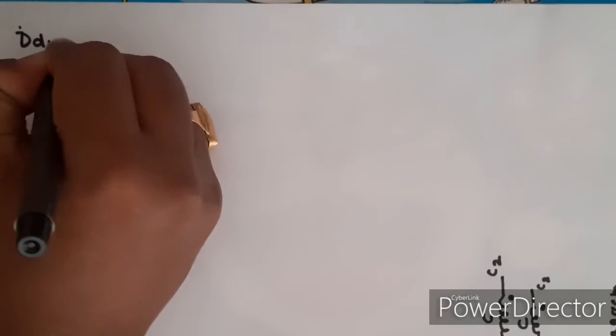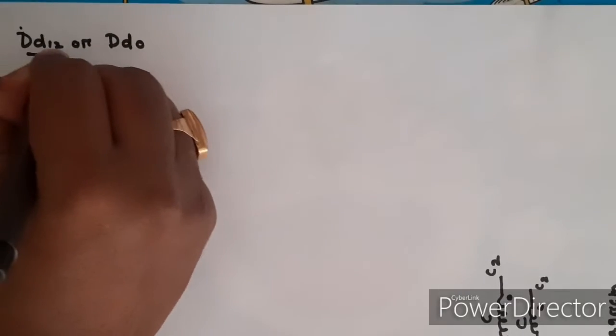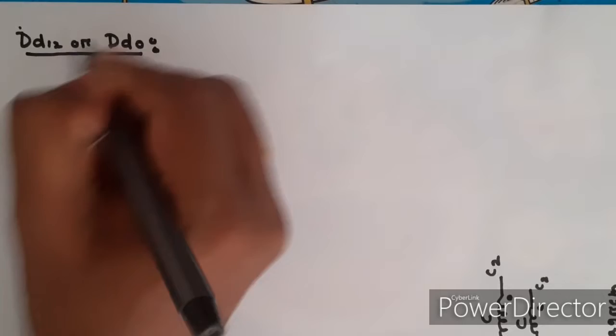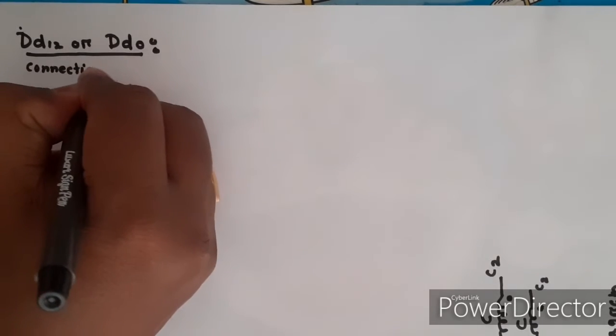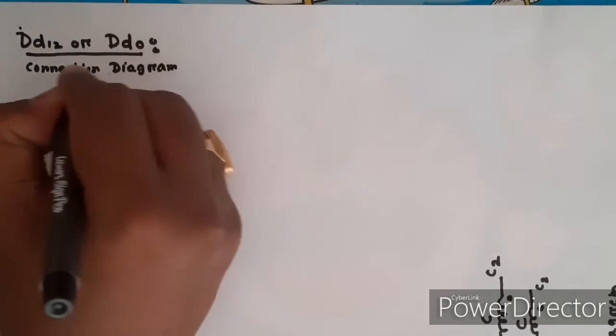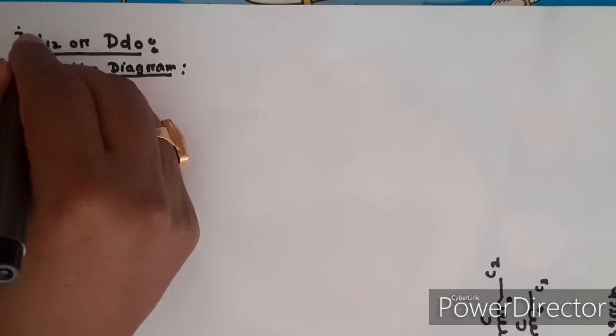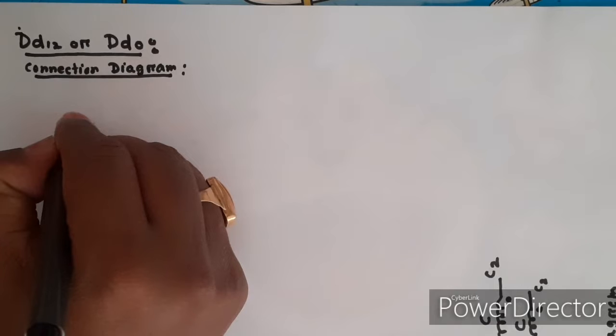Start with DD12 or DD0. For the connection diagram, first you draw D. D means first you draw high voltage.